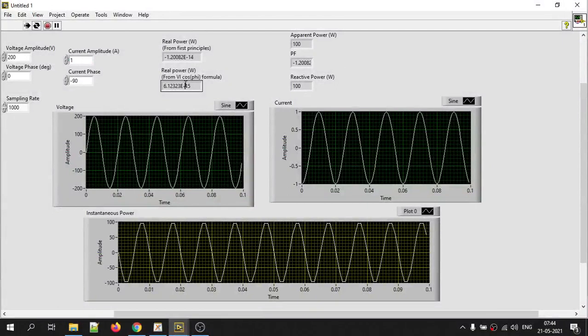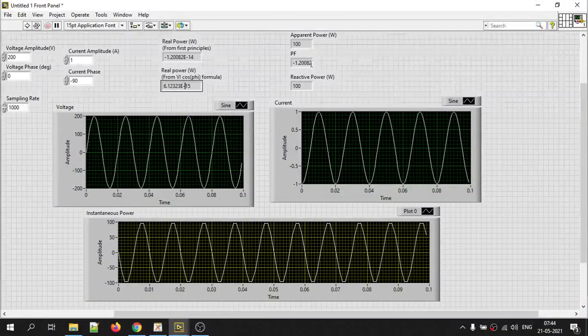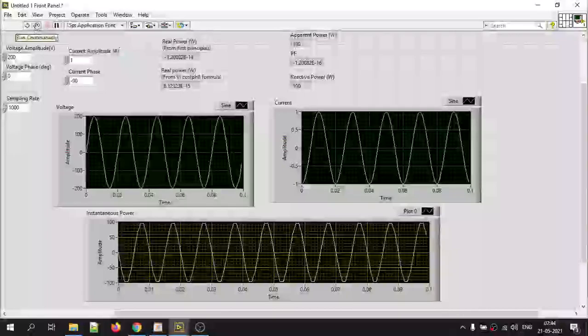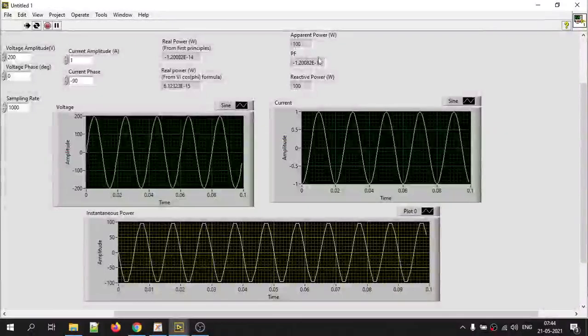It is also in 10 power minus 15, so the value is 0. And even the power factor, let me expand the block so that it is visible clearly, is in the order of 10 power minus 16. In practical sense it is 0.